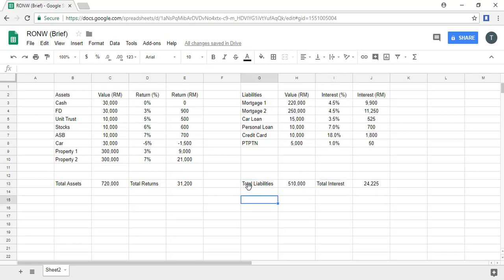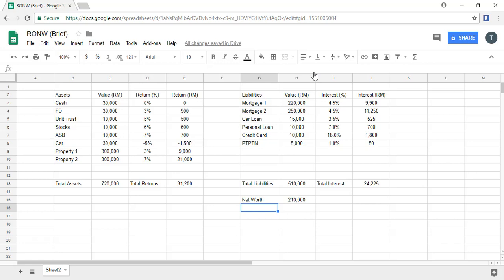Now, here's your net worth. Your net worth is your total assets minus your total liabilities, and therefore this will be C13 minus H13. Therefore your net worth is 210,000 ringgit.